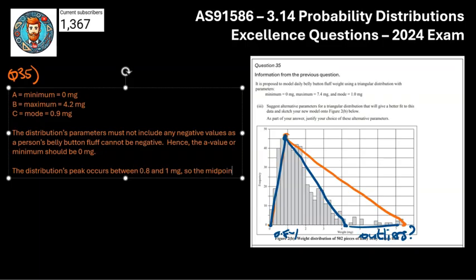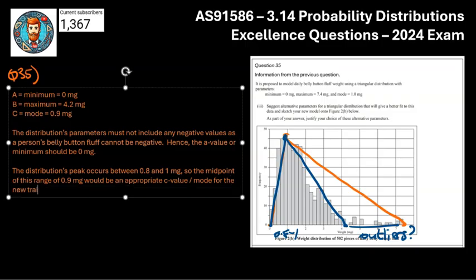So the midpoint of this range of 0.9 milligrams would be an appropriate C value. I've written C value first. I was meant to do B, wasn't I? But appropriate C value slash mode for the new triangular distribution. And just adding words in like triangular distribution, C value, putting in the units there, just so the marker clearly sees me connecting it to the context.